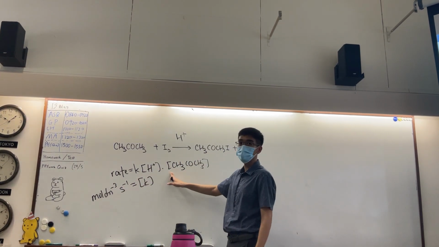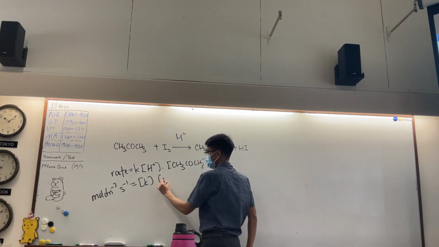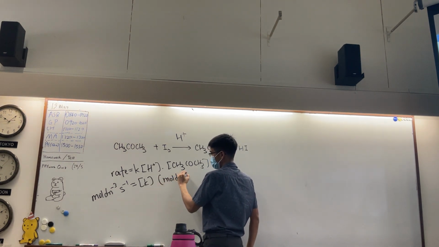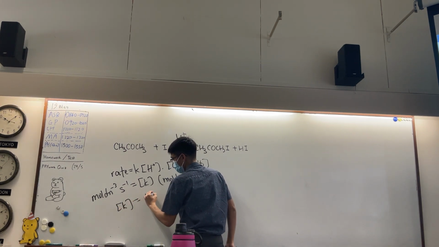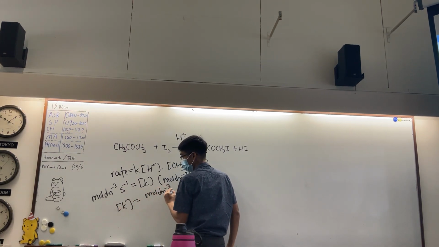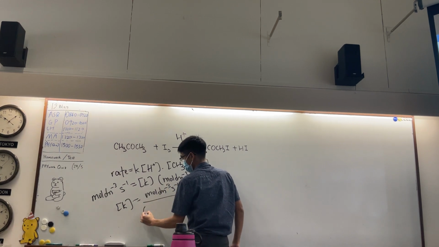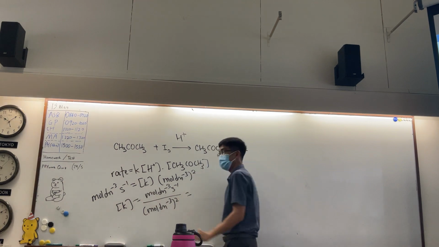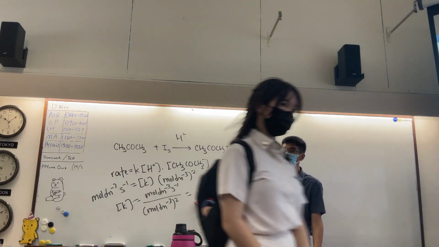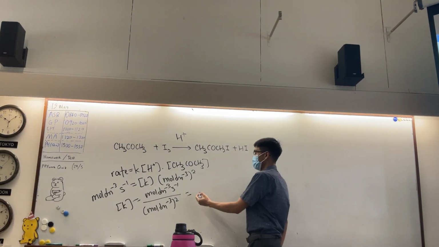There are 2 concentration terms over here. Each one of them, what is the unit? Mol per liter cubed, power 2. Then after that, you just need to do your math to find out what is the unit of the rate constant. Okay, tell me the overall unit for the rate constant. Okay, quickly.